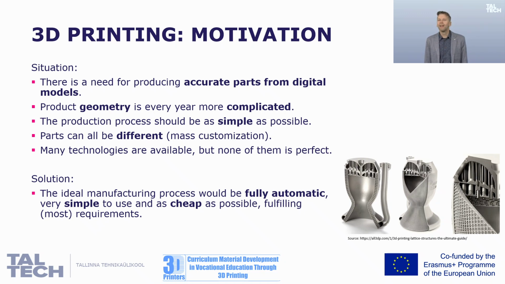However, the ideal manufacturing process would be fully automatic and very simple for the user, and as cheap as possible, fulfilling the different requirements, like technical requirements and maybe something else. So as you can see from this picture, real parts can be very complicated.